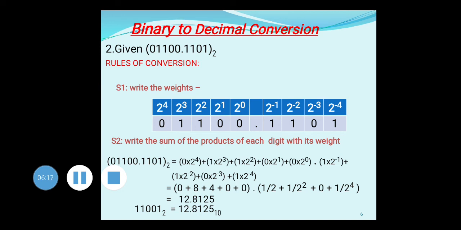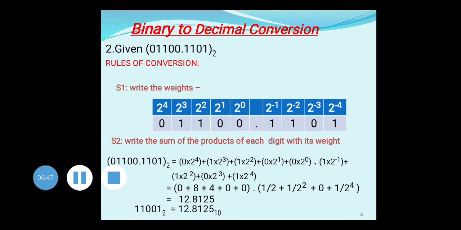Then you put the binary point as it is, and then you start with the fractional part. Again you multiply the binary bit with its weight. So 1 into 2 raised to minus 1 plus 1 into 2 raised to minus 2 plus 0 into 2 raised to minus 3 plus 1 into 2 raised to minus 4.